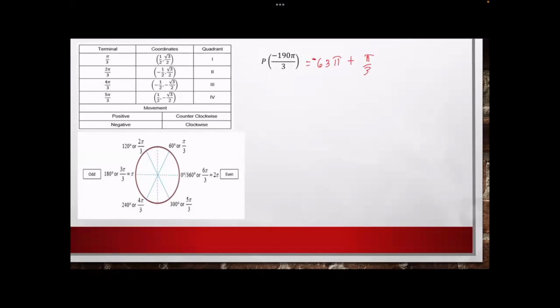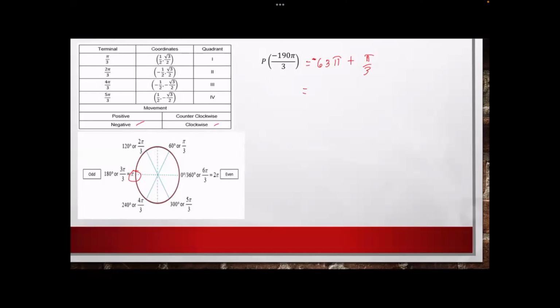Okay, claridad. What is negative 63 pi? This is odd or even. Odd po. So this is odd. So start siya dyan. So this is negative. So therefore, that is a clockwise. So saan siya titigil?